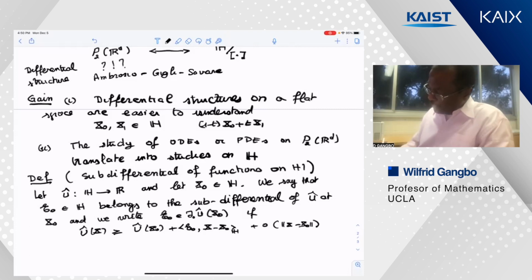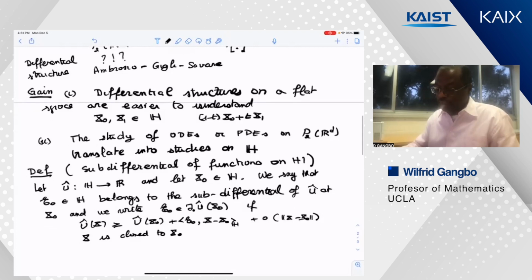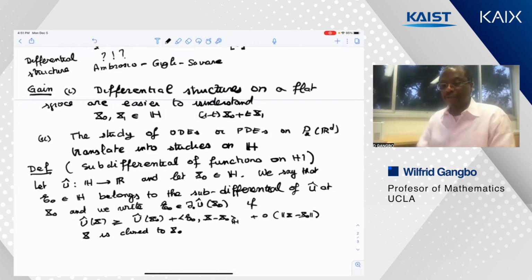So this inequality holds if S is close to S naught. This is something we are very familiar with. And I am going to write something analogous on the set of probability measures. But in fact, I am going to show you that it is not very different from what I wrote here.